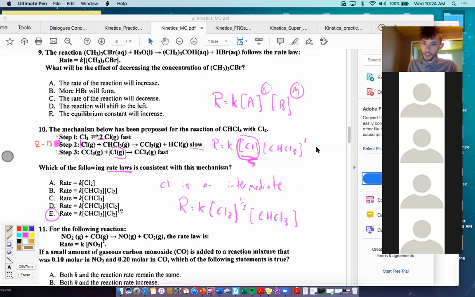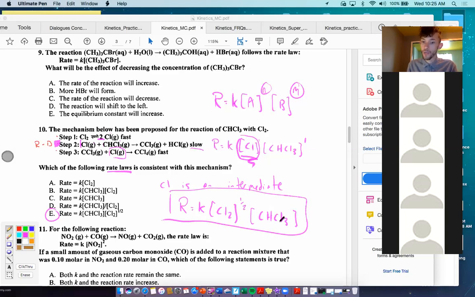Ms. Farnay, I see you've asked a question. If the slow or fast step isn't given, how do we determine which step is the rate determining step? You don't. You can't. It has to tell you which one is slow or fast. Ms. Farnay, actually, I take that back. There could have been a question that maybe gave us this rate law.